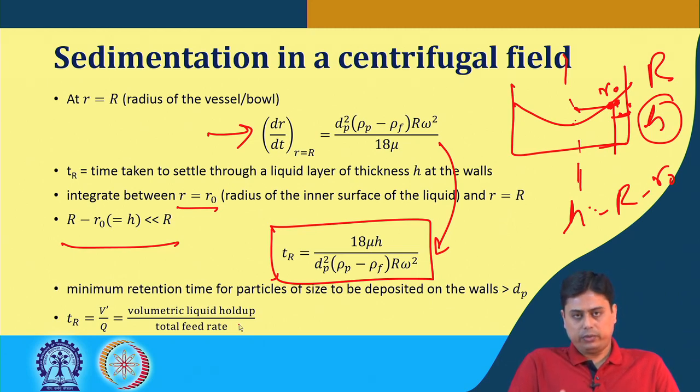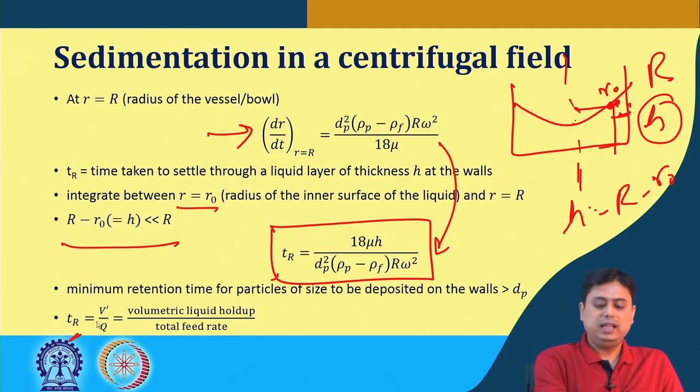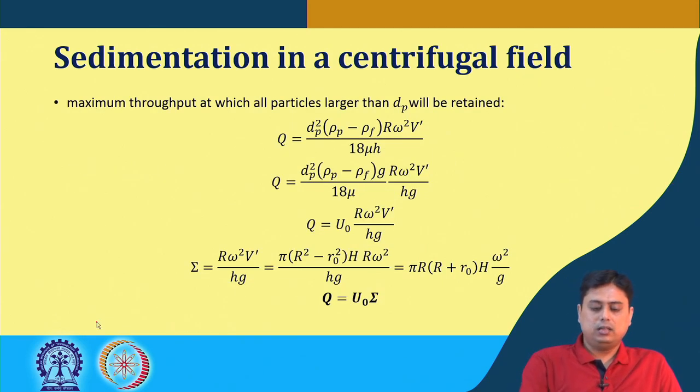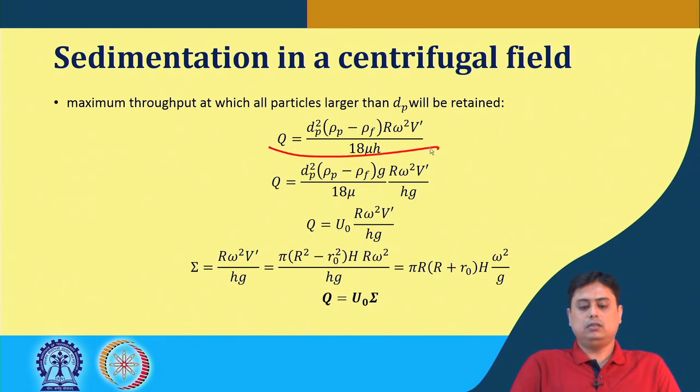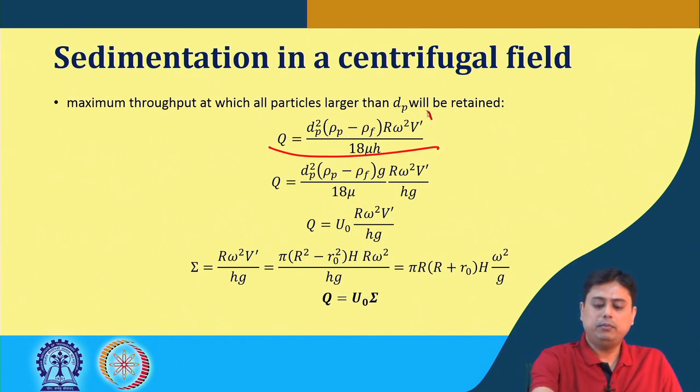That is the volumetric liquid hold up in the bowl and the total feed rate. So, Q becomes V prime divided by TR, which is the expression that we derived.